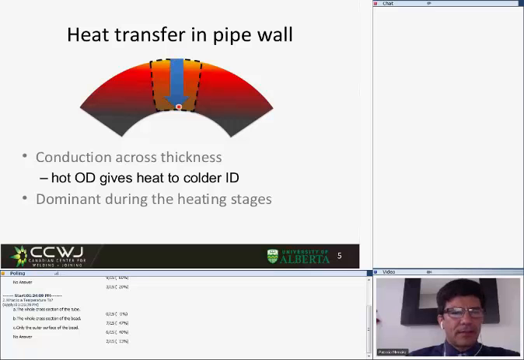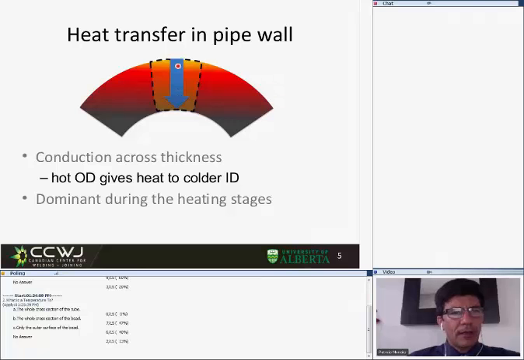That means during the heating stage in the inductor, the outer part of the seam is hotter than the inner part of the seam, and that is due in part to the magnetic effect of the tube, that it has a skin effect.